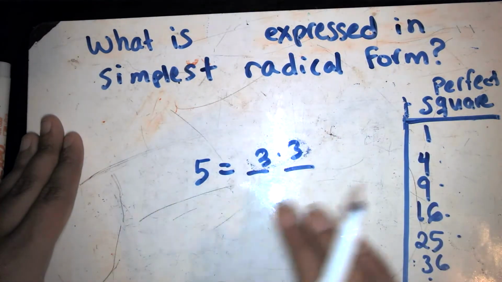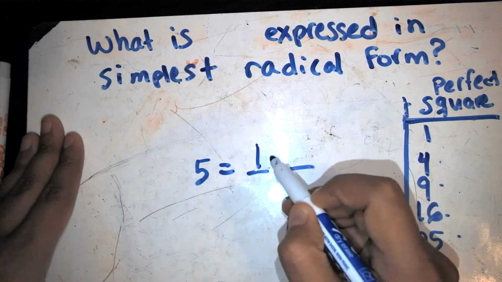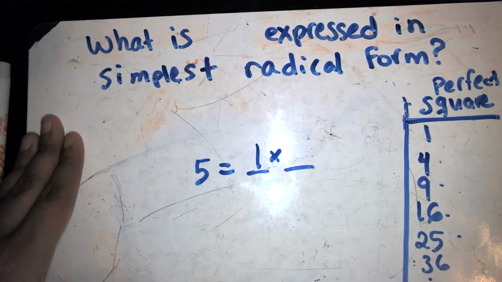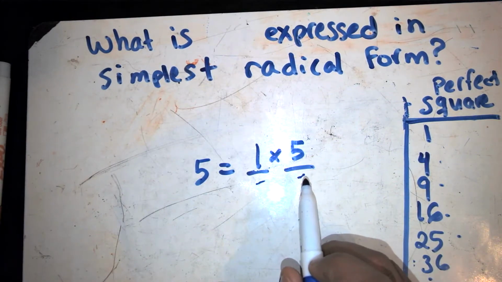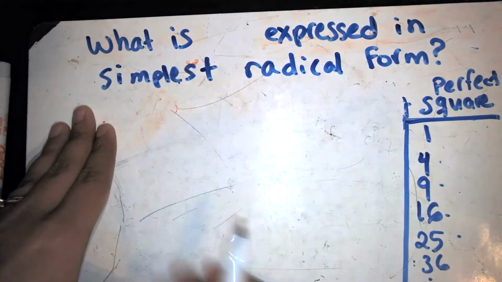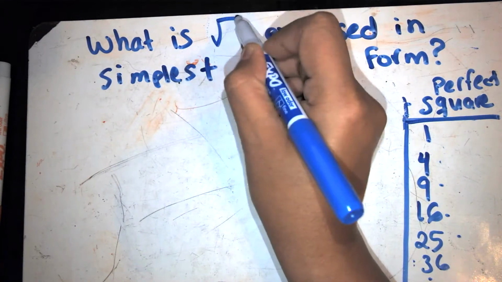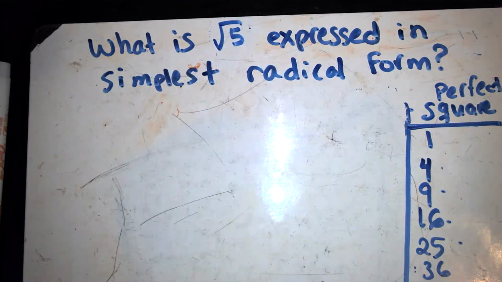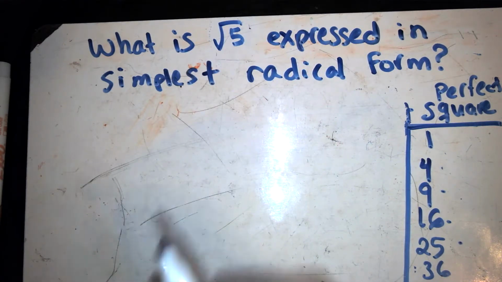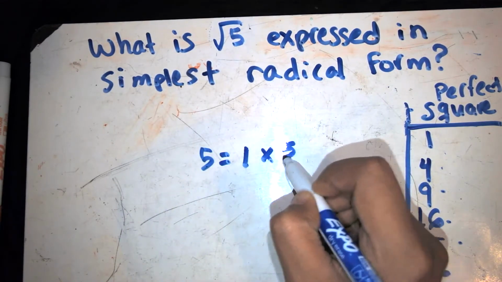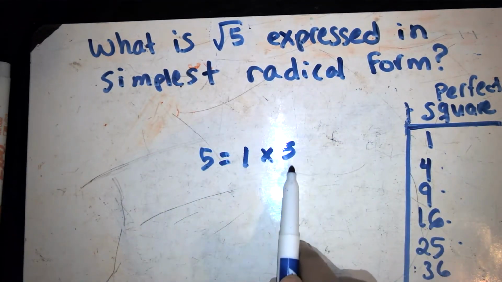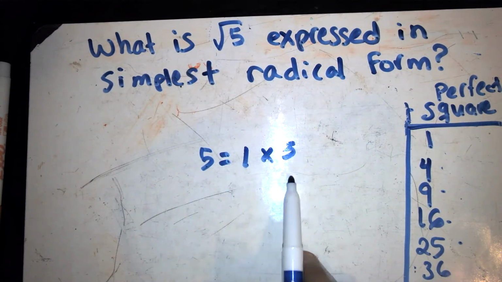The only two whole numbers that multiply to 5 are 1 and 5, but they're not the same. Radical 5 cannot be simplified anymore, because 5 can only be created by the factors 1 times 5.